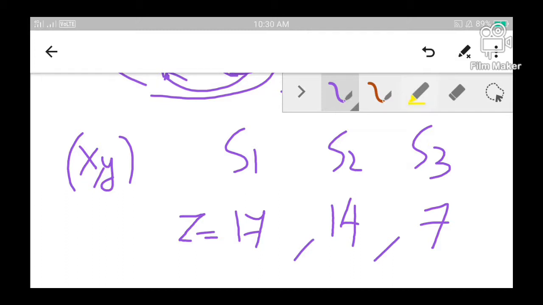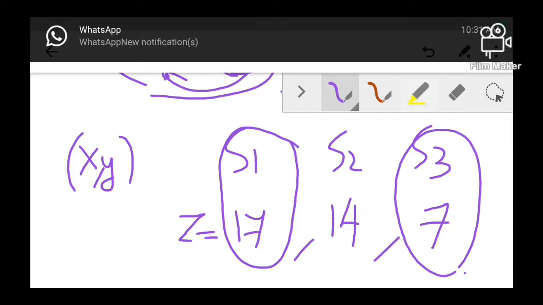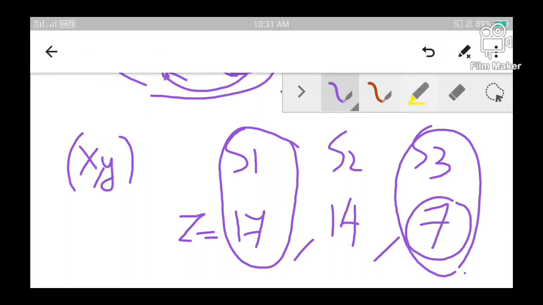From this we can identify that S1 is the farthest surface and S3 is the nearest surface. If S3 is the nearest surface, then definitely S3 needs to be plotted. So out of these 3 Z values, 7 will be selected because it is the nearest point, avoiding all farther points and selecting only the nearest point.